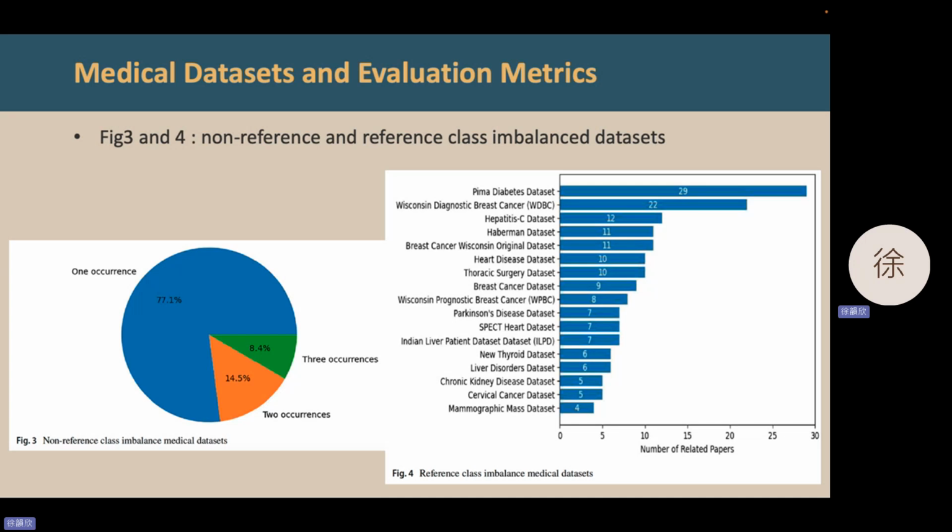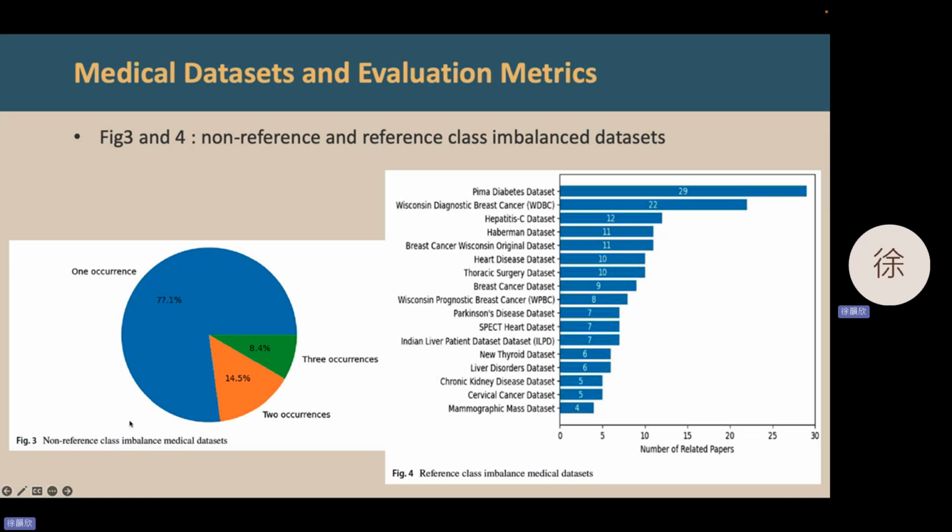Okay, so the medical dataset and evaluation metrics, the figure 3 and figure 4 show non-reference and reference class imbalanced medical datasets. Figure 3 shows the publicly available medical datasets that were used less frequently in the literature reviewed by the researchers.